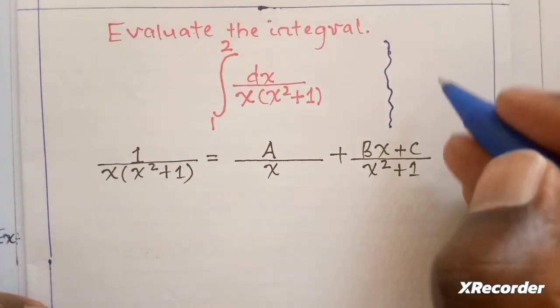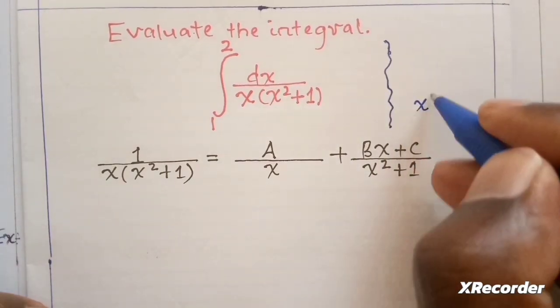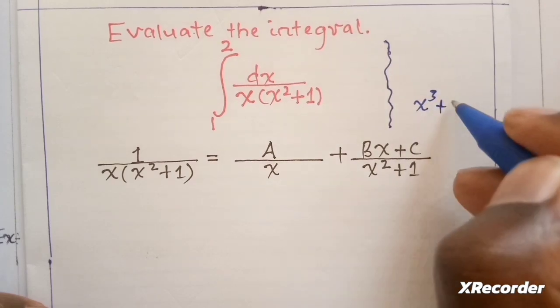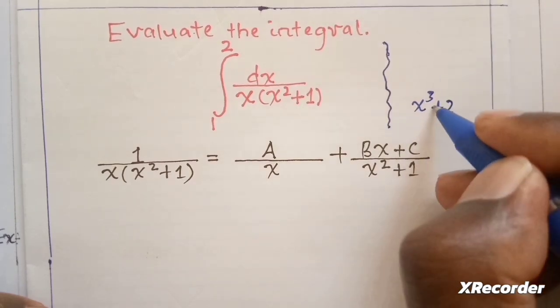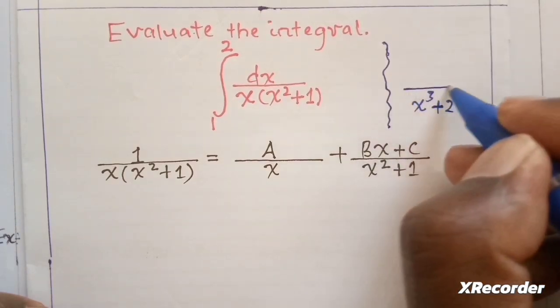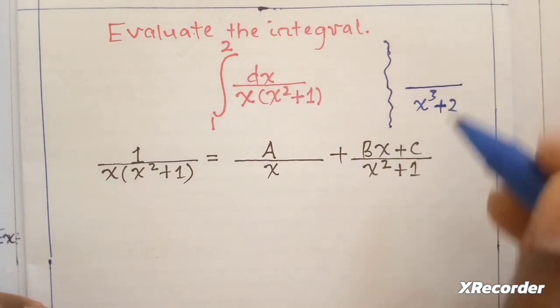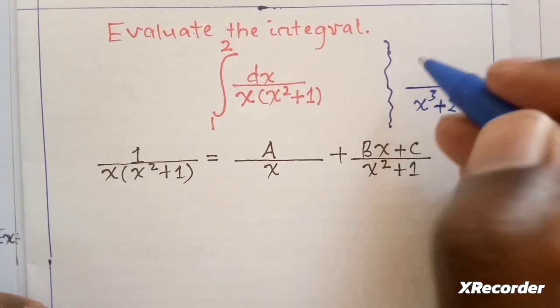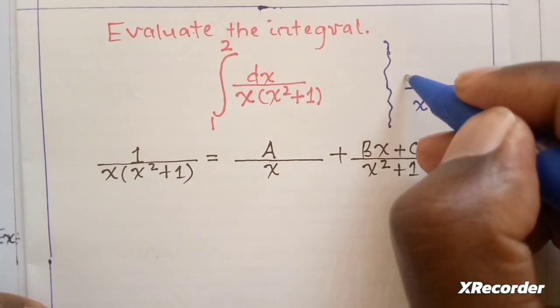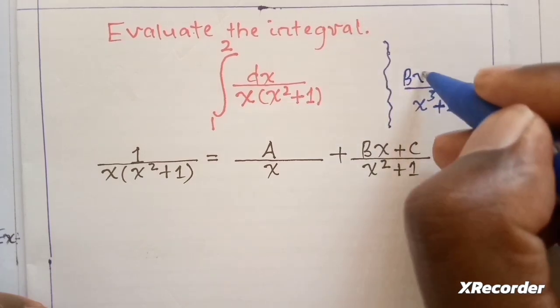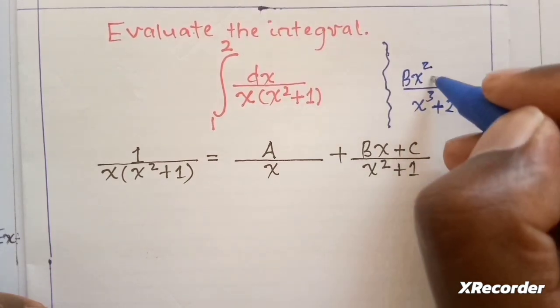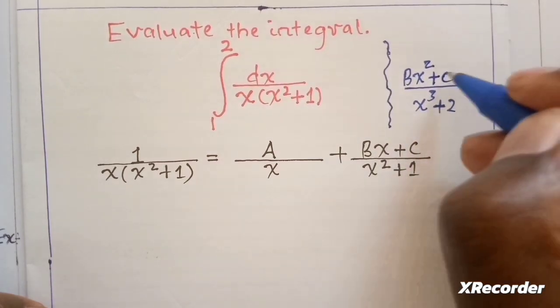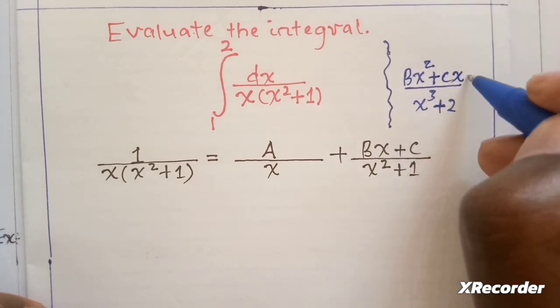To give an example, guys, if you have a denominator, let's say it's x cubed plus 2, then you shall have your numerator as bx squared plus cx plus d.